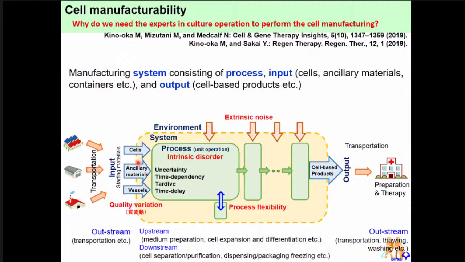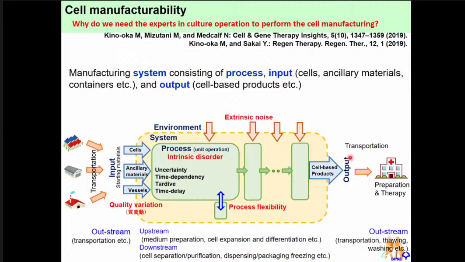So first, we start to consider the system as an engineer. In this case, I consider the system that's a process from the input to output. That is a system. Okay. So to obtain the output, in this case, product, how to prepare the good product, stable robustness of the processing.